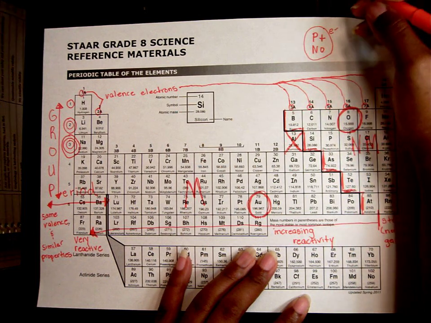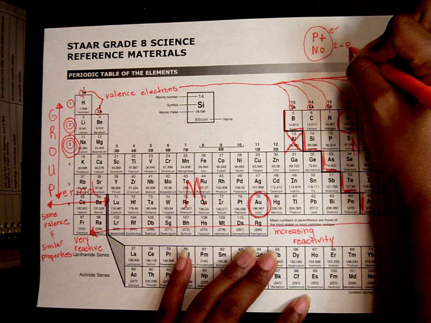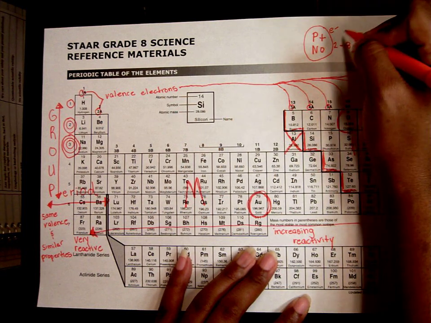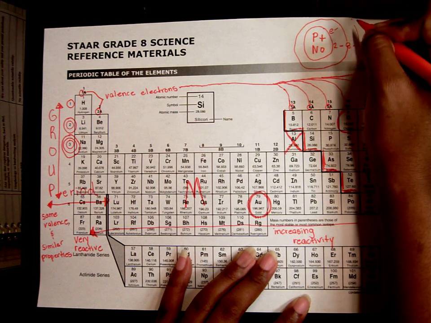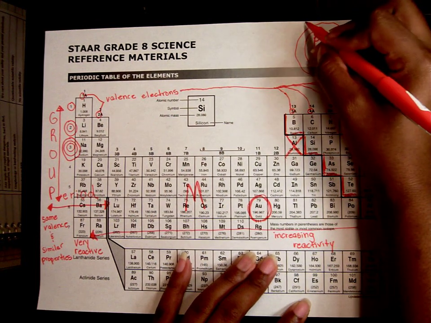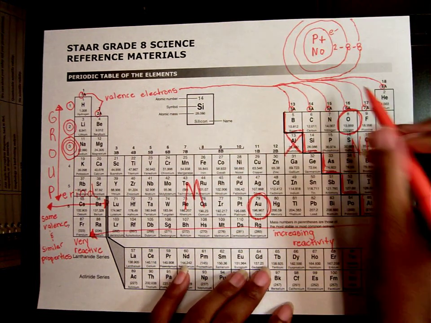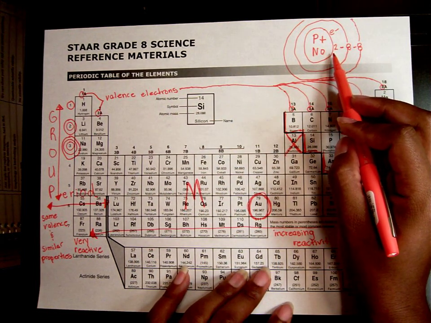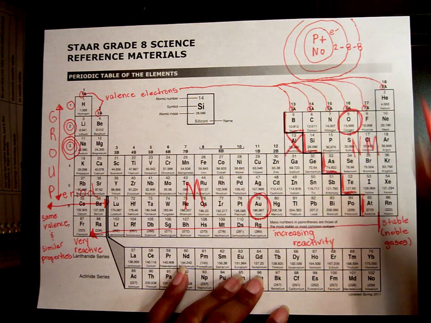Electrons are found out here on the rings, and they follow the 2-8-8 rule. So what that means is 2 electrons can fit on the first ring, up to 8 on the second ring, up to 8 on the third ring.